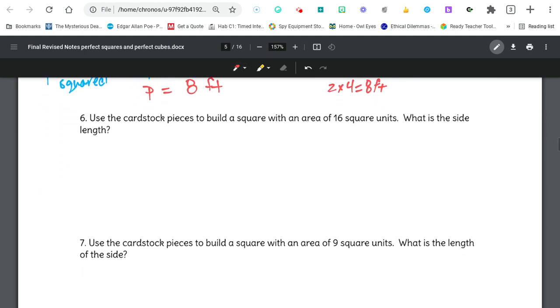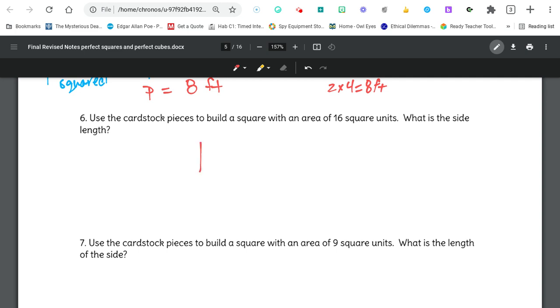All right, almost done. We don't have cardstock pieces. If we were doing this together in class, you would, but oh well. And you already know this basically, so we may not even draw cardstock pieces, okay? It says use cardstock pieces to build a square with an area of 16 square units.